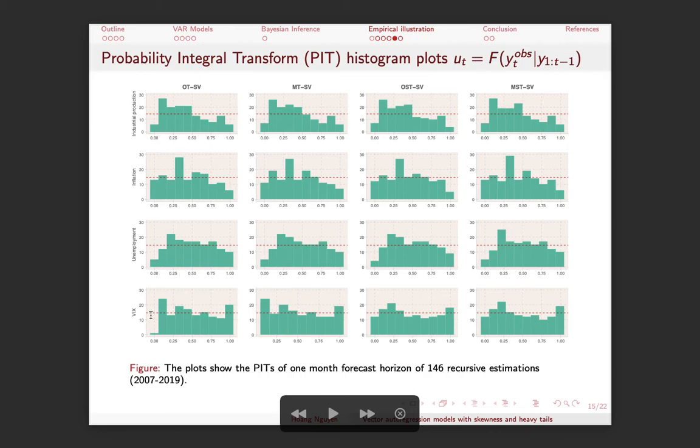But in the VIX case, where we have a clear distribution of skewness, the Student seems to underestimate or overestimate in one tail, where the O skew-T and the M skew-T have more accurate prediction in the tail over the Student distribution.